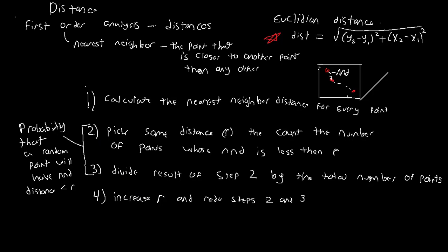Now we have a slightly bigger r, and we're calculating the probability that a random point will have a nearest neighbor distance less than that r. Okay. So step 5 is to plot the results.